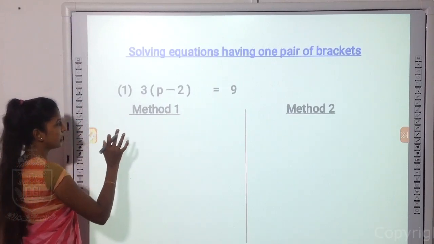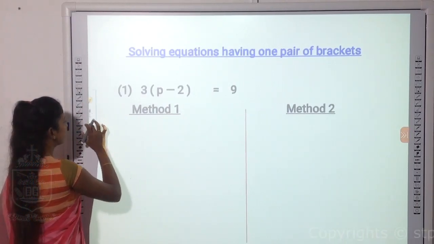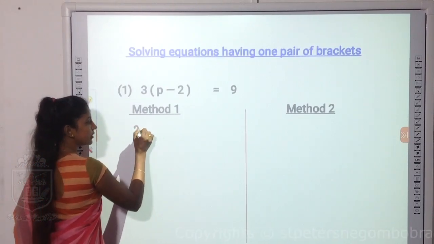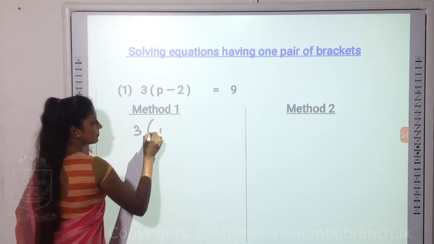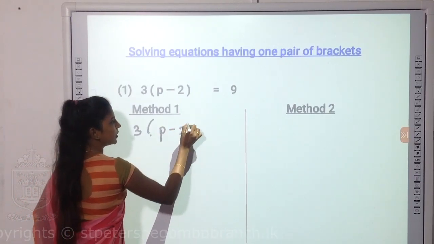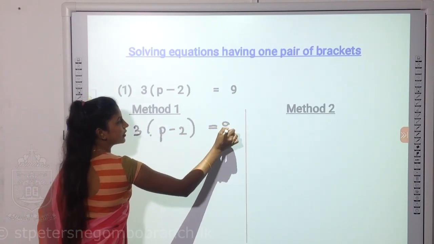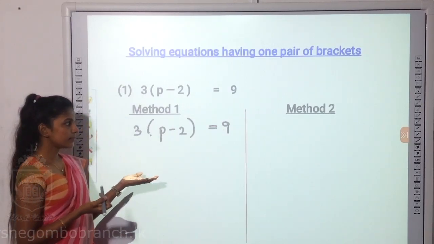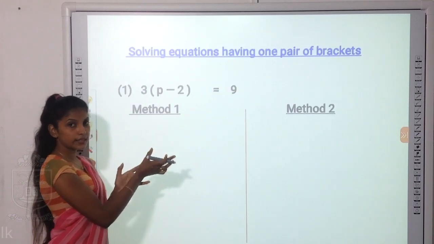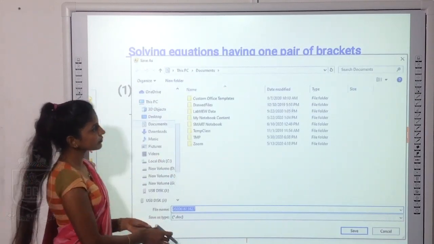So in simplifying according to the first method, right, here you have 3 and you have the bracket p minus 2, equals 9.